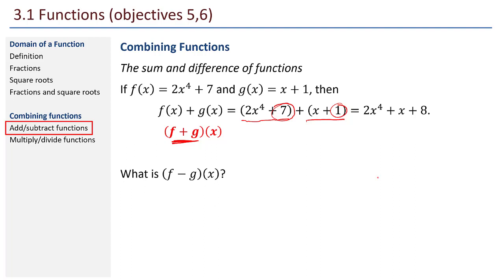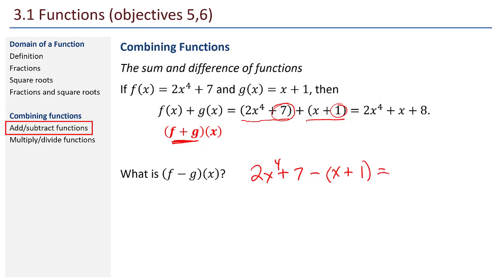What is the difference, f minus g of x? Well, we just can figure out the difference of those two. So 2x to the 4 plus 7. Then I have to subtract off g of x, so I subtract off x plus 1. But do you see, I made a mistake. What is my mistake? The mistake is that I need parentheses around here, because I'm subtracting off the entirety of the g function.